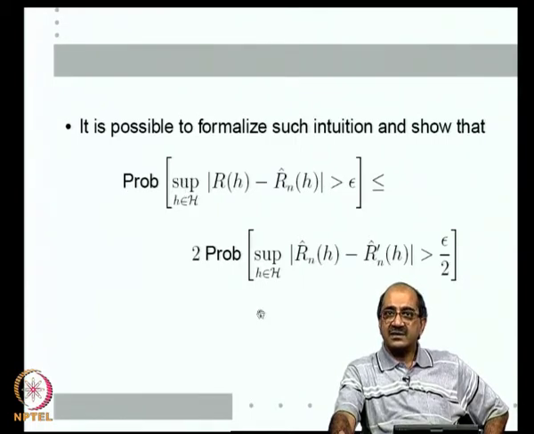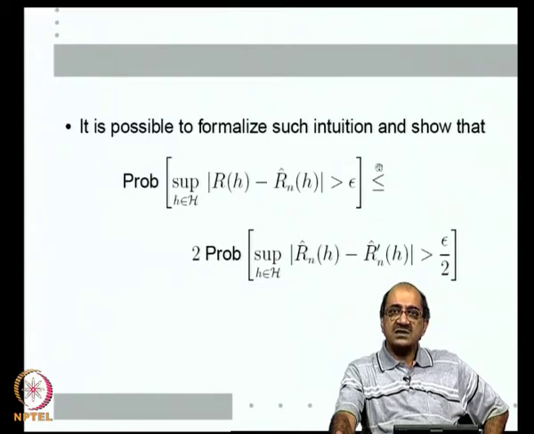But here I have only 2n samples totally; r hat n(h) and r hat prime n(h) both are functions of only 2n samples. So, given 2n samples, there are only finitely many h's that can be distinguished. For the rest of them, r hat n(h) is equal to r hat prime n(h), so this difference will anyway be 0. So, to find the supremum, I need to find it over only finitely many h's.